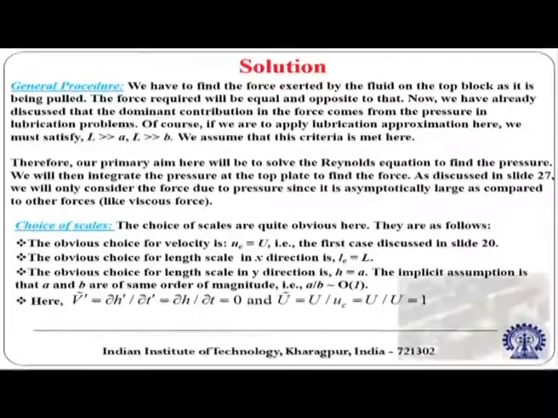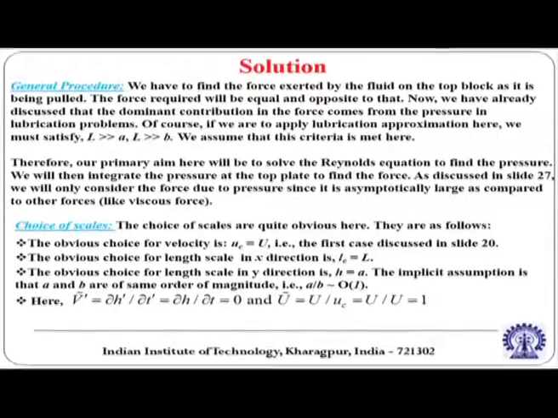Choice of scales. The choices of the scales are quite obvious here. The obvious choice for UC is equal to capital U. The obvious choice for length scale in x direction is capital L. The obvious choice for length scale in y direction could be either A or B, whatever you choose, because it is a slow variation, it does not matter, and because it is a slow variation, B by A is of the order of 1.